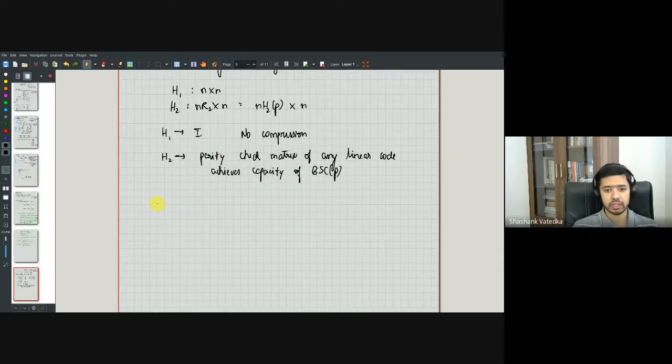So H2 has the following property that we need to use.